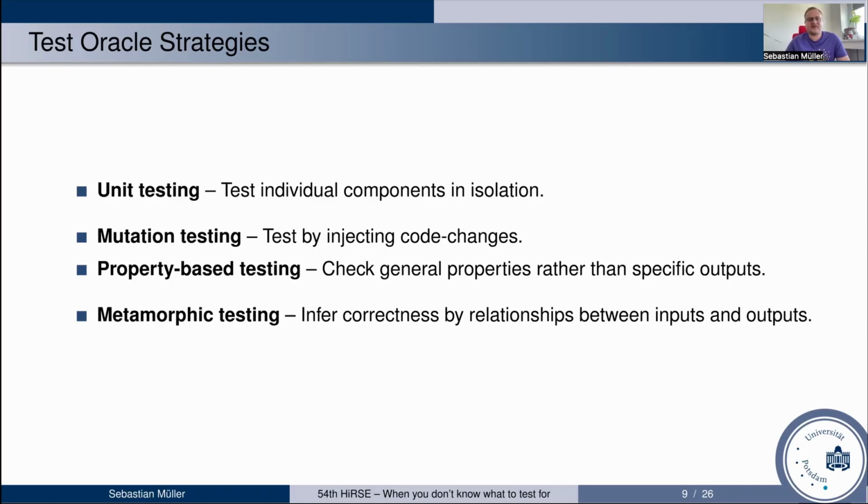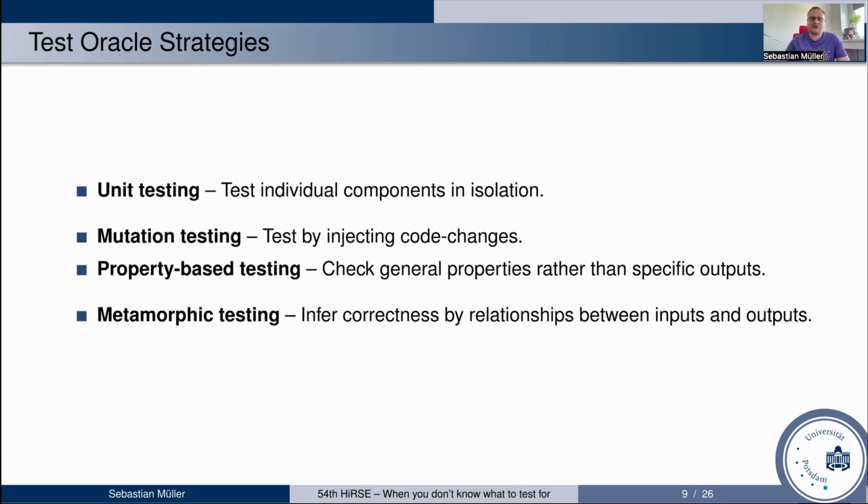So we could state, okay, we have a test suite. We just don't know, is this test suite any good? Is this test suite sensitive enough to actually find issues within our code? And this is when we could take a look at mutation testing, where we are injecting small code changes.